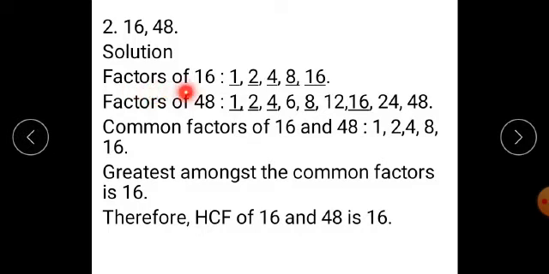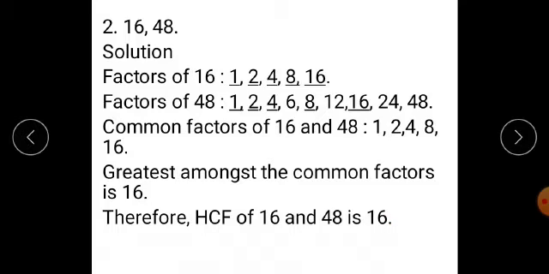Therefore, I repeat, factors of 16 are 1, 2, 4, 8 and 16. Factors of 48 are 1, 2, 4, 6, 8, 12, 16, 24 and 48. Common factors of 16 and 48 are 1, 2, 4, 8, 16. Greatest amongst the common factors is 16, and therefore HCF of 16 and 48 is 16.